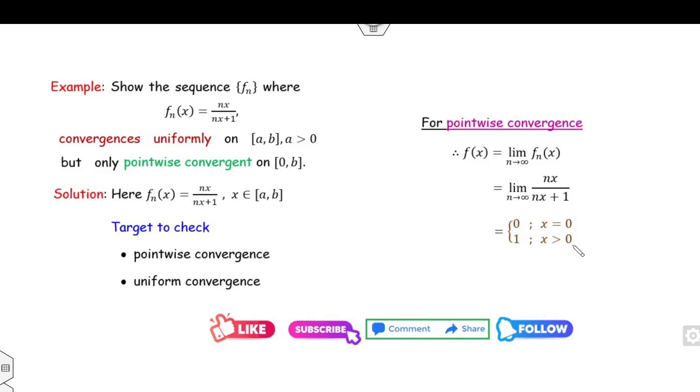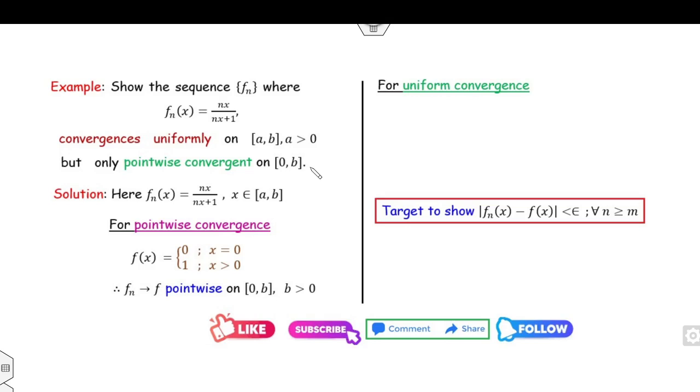So my function f is 0 and 1, which exists. Therefore fn(x) converges to f(x) pointwise on the interval [0, b]. Now for the second part, we have to check uniform convergence. That means your target is to verify this case.